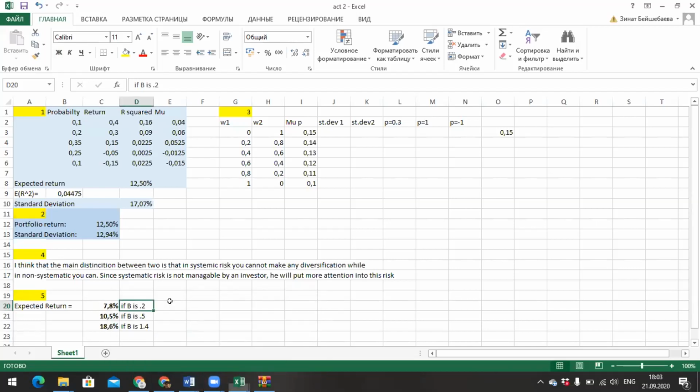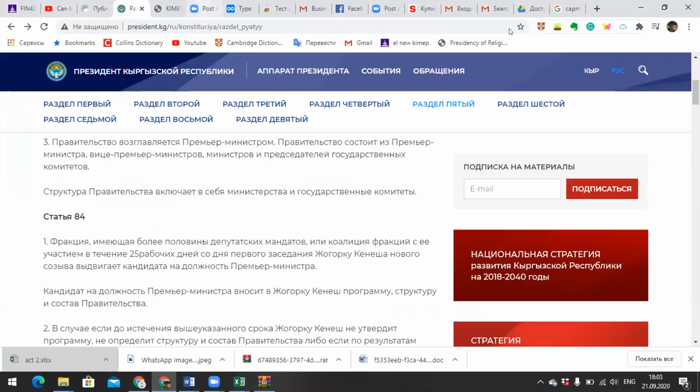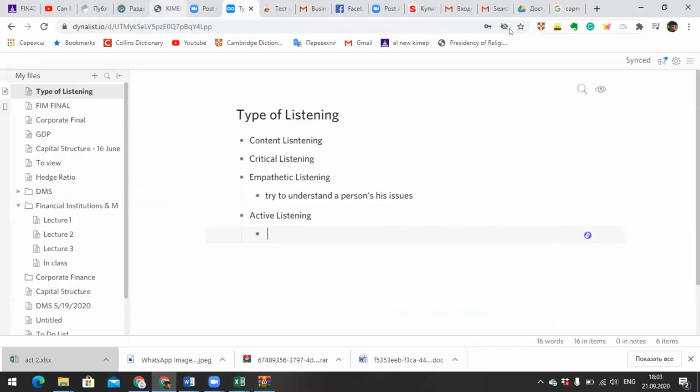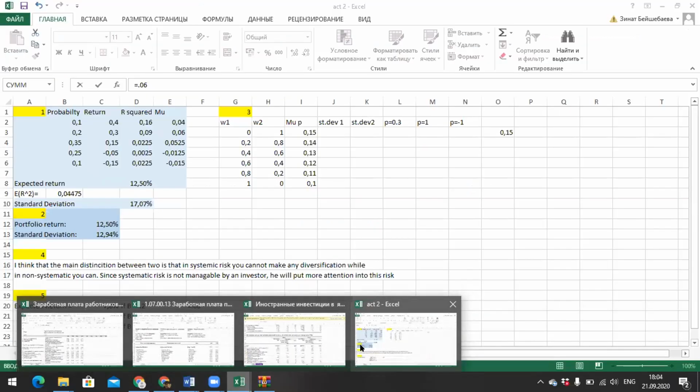Yeah, please. Let's do it all together, because I want to be sure that you did everything correctly. So risk-free rate. Then what was the risk-free rate? 6%. Thanks, 6%. You know what is the best thing? Copy the formula: risk-free rate plus beta times expected return on market minus risk-free rate.